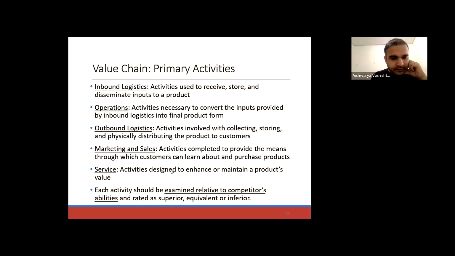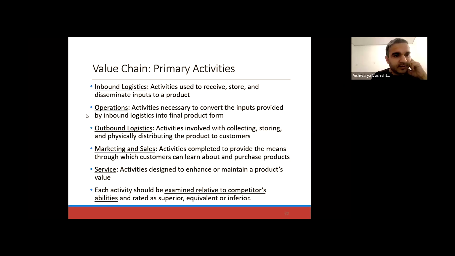So is it operational effectiveness? Operational effectiveness, no. Is it value chain analysis? Is it benchmarking?